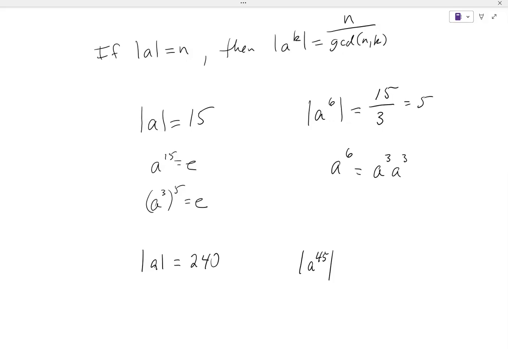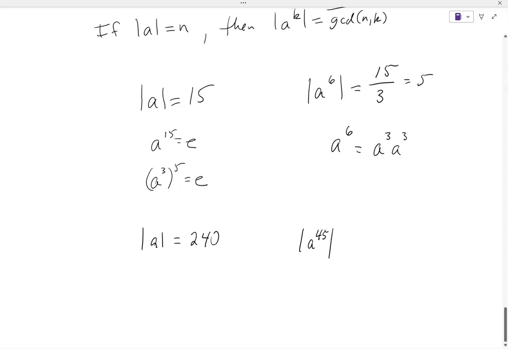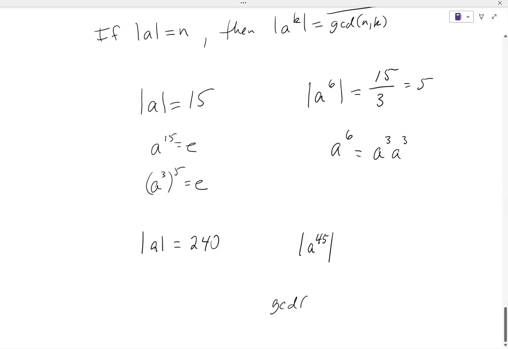The first thing you would need to do is find the GCD of 240 and 45. Well, they both have a 3 because they're both divisible by 3, and they both have a 5 because they're both divisible by 5, right? So I think we get 15 as the GCD.